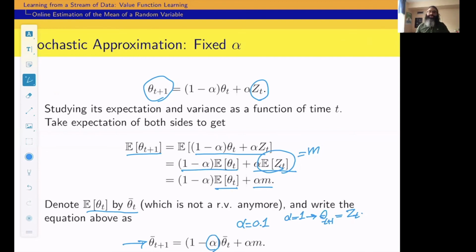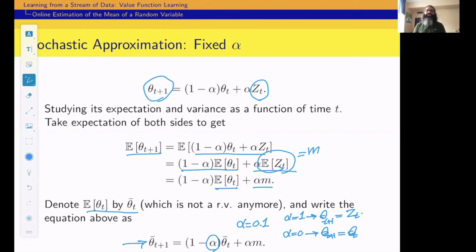Now suppose another extreme case, where alpha is 0. Then theta t plus 1 is equal to theta t. Suppose we start from theta 0 equal to some number, say 0. This means that all theta t's at all time steps would be the same, constant equal to 0.